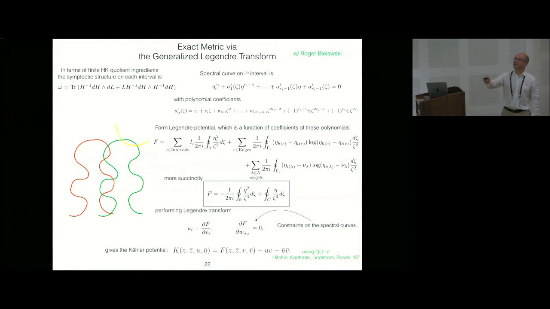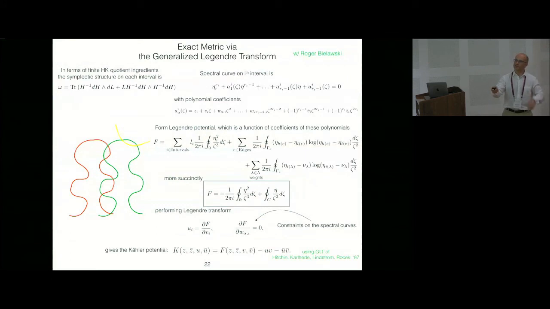Then any curve on the ith interval, if the data is of rank R, can be written this way as a polynomial of degree R in eta, and the coefficients are polynomials in zeta. So if you like, our parameters are the coefficients of those polynomials. Well, that's too many parameters. They'll be fixed in a second.